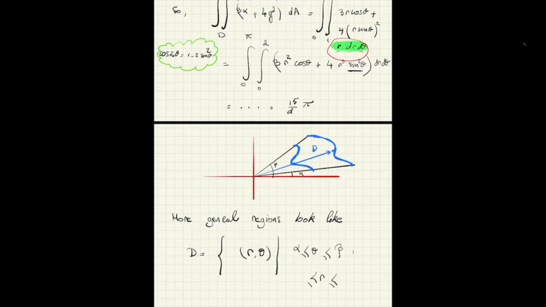It's going to be some fancy function here, h1 of theta. It depends on theta. The bottom boundary depends on theta, and so it goes for the top boundary, h2 of theta.